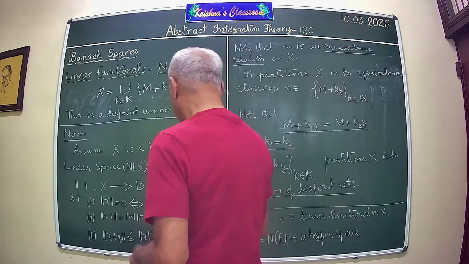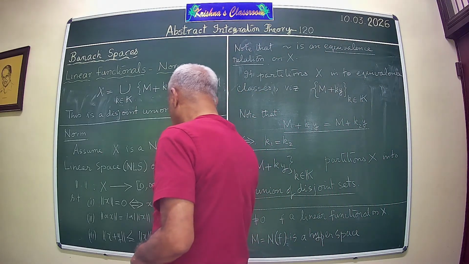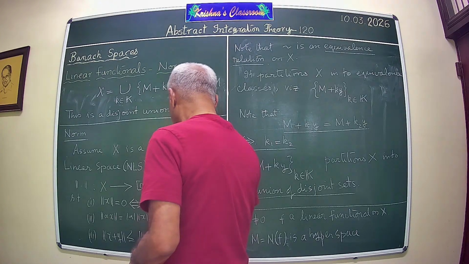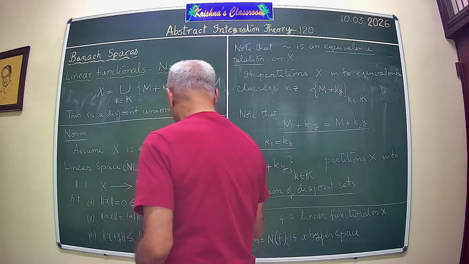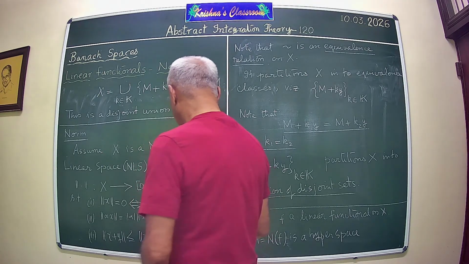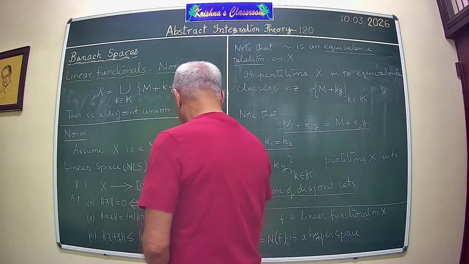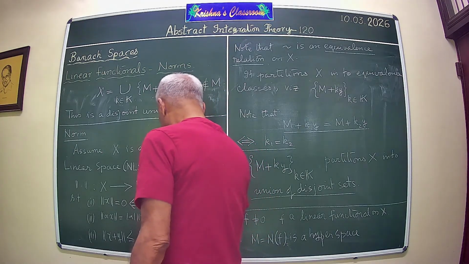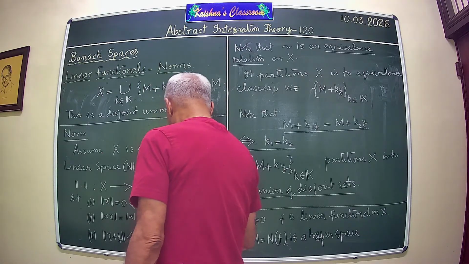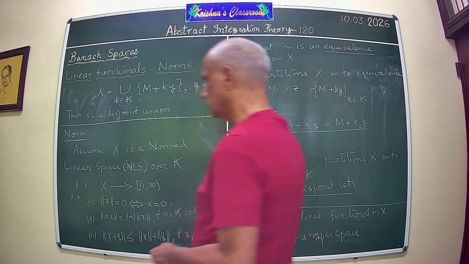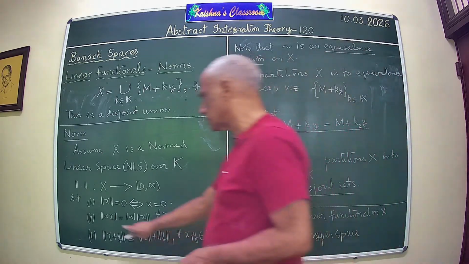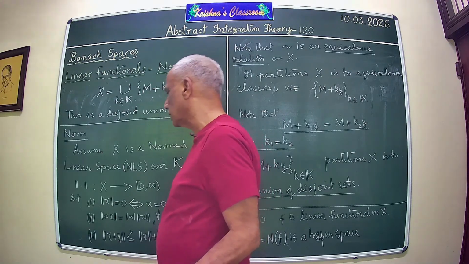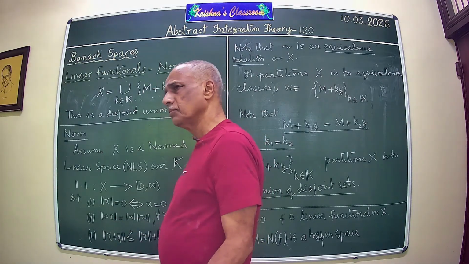And this is true for alpha belonging to K. One talks about the scalar: what happens when you take the scalar multiple and compute its norm, how is it related to the norm of x.